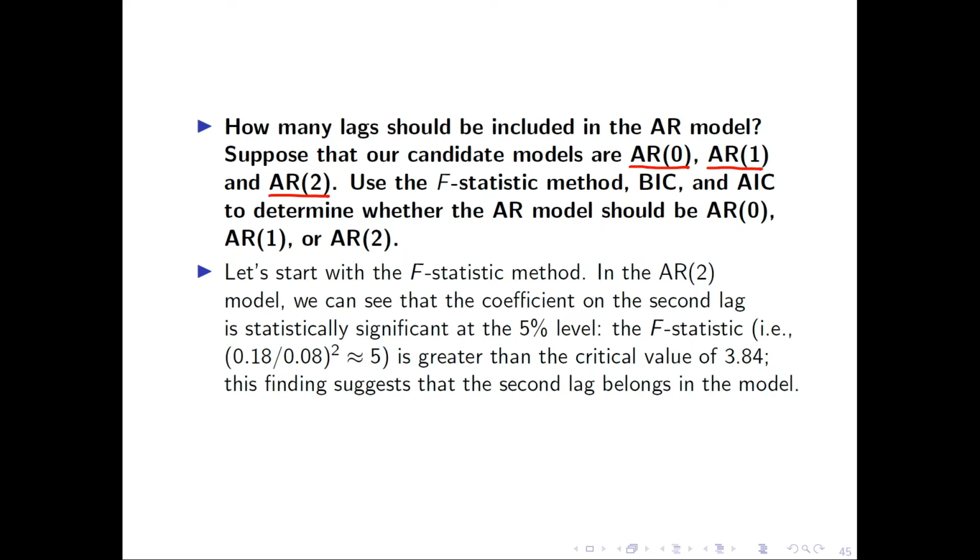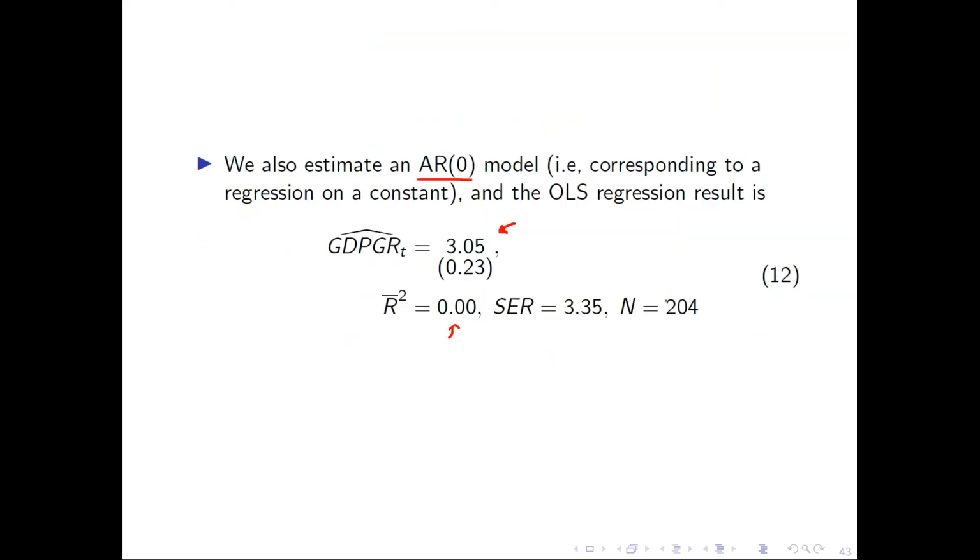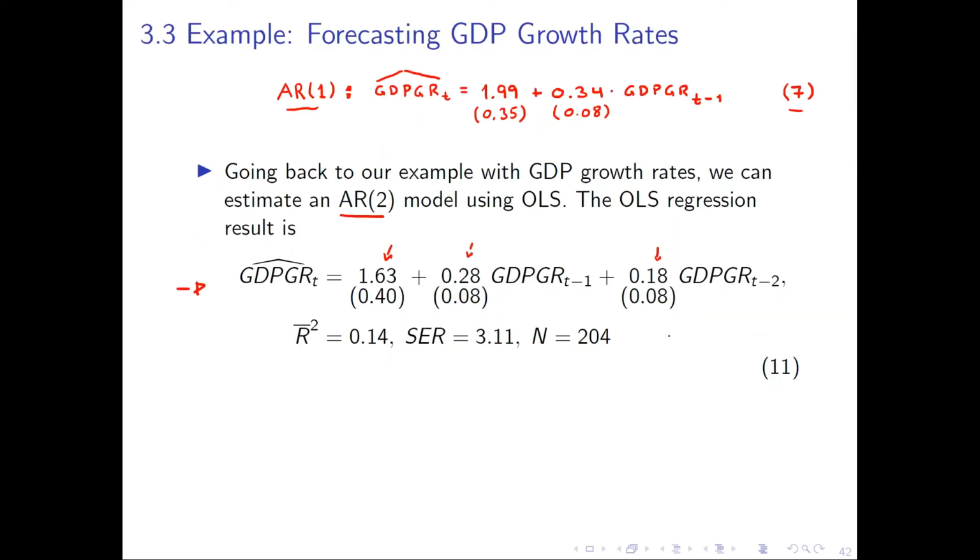So if we start with the F-statistic method, then we can look at the largest lag, which would be 2 lags, and we see from the model that the t-statistic is 0.18 divided by 0.08.